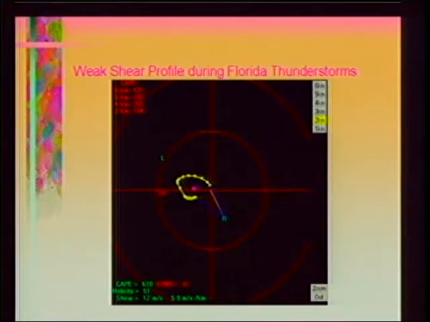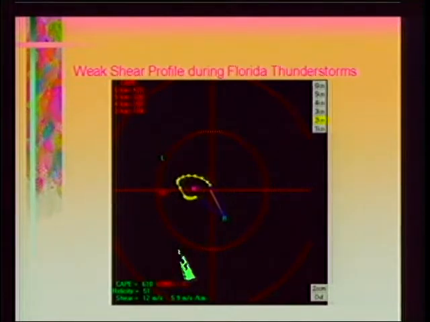This first example is a weak shear profile during Florida thunderstorms. Here, this is starting at the surface. This outer ring, which is labeled 10, is in meters per second. And our CAPE in this situation was about 600 joules per kilogram. So the CAPE was not all that impressive.